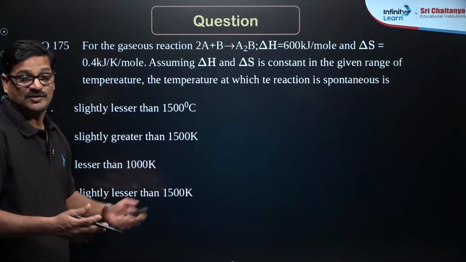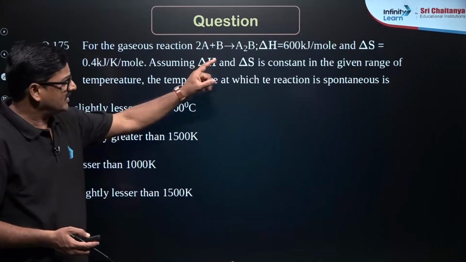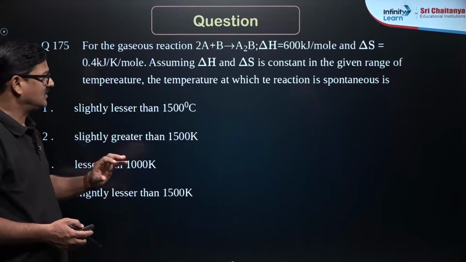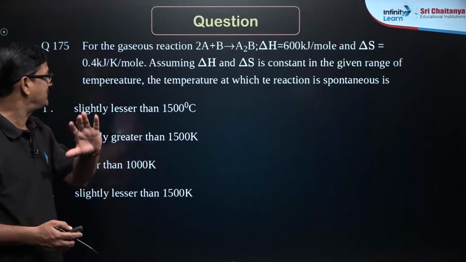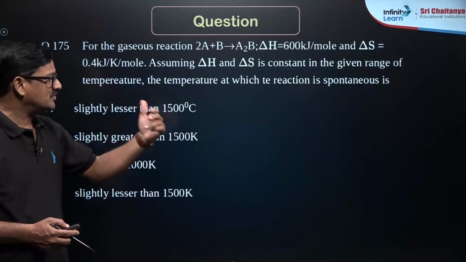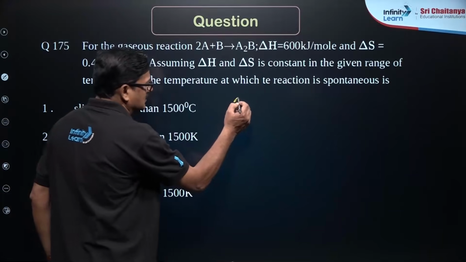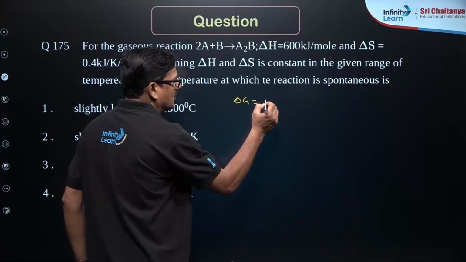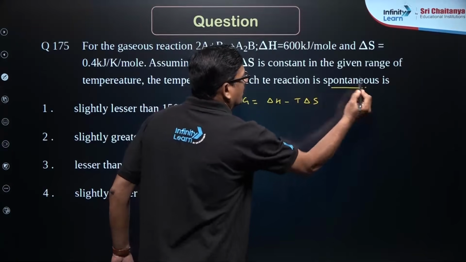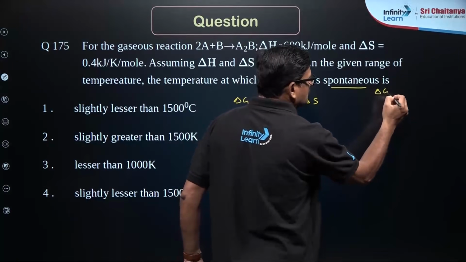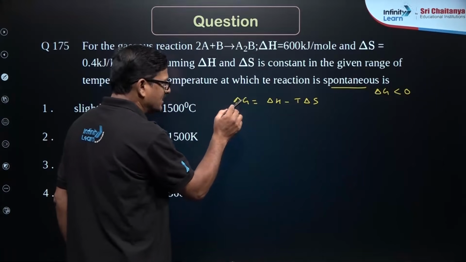This question is from thermodynamics. For the gaseous reaction, delta H is given, delta S is given. Assuming delta H and delta S are constant in a given range of temperature, find the temperature at which the reaction is spontaneous. We know that delta G is equal to delta H minus T delta S. For spontaneous, delta G is going to be less than 0.